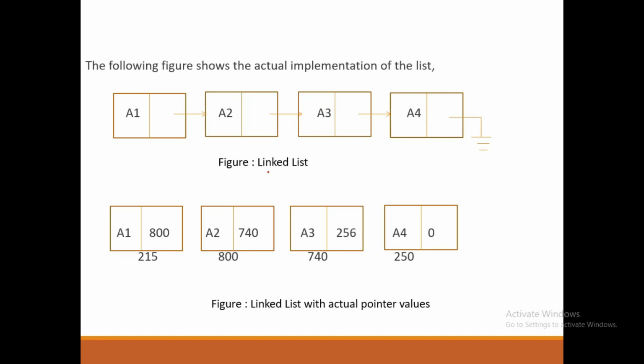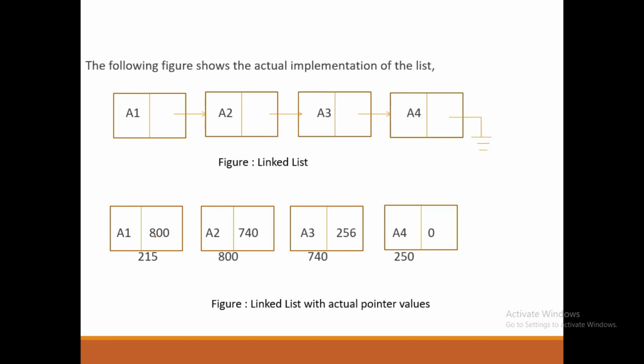But for our understanding purpose only, we are drawing the linked list like this. In reality, how has this been implemented in the computer system? Consider the element A1 has been stored in the memory location 215, and in its next part it contains one address, 800.